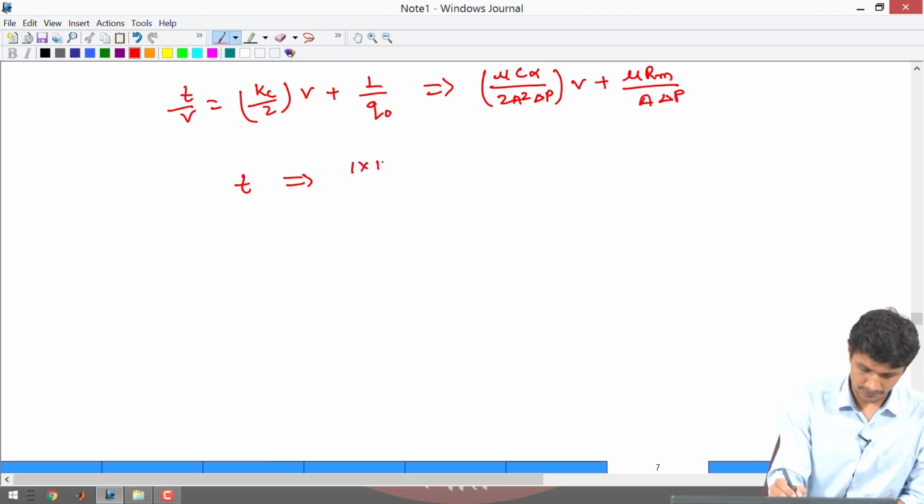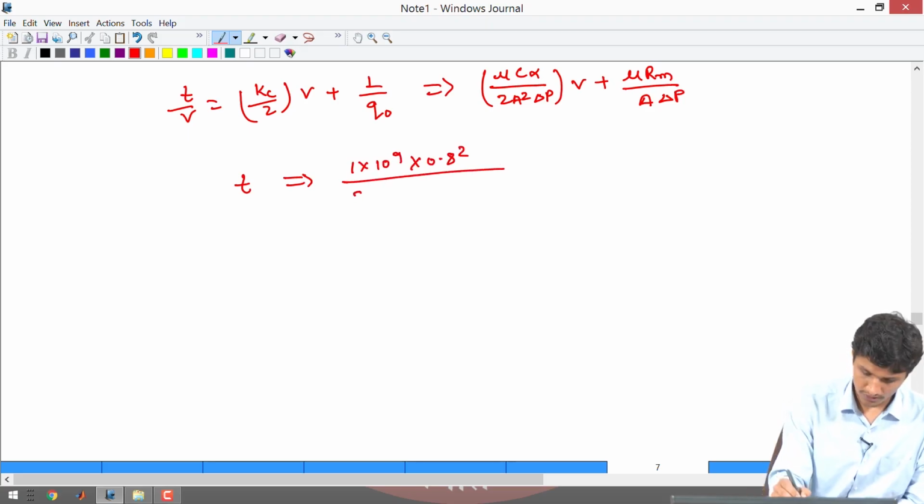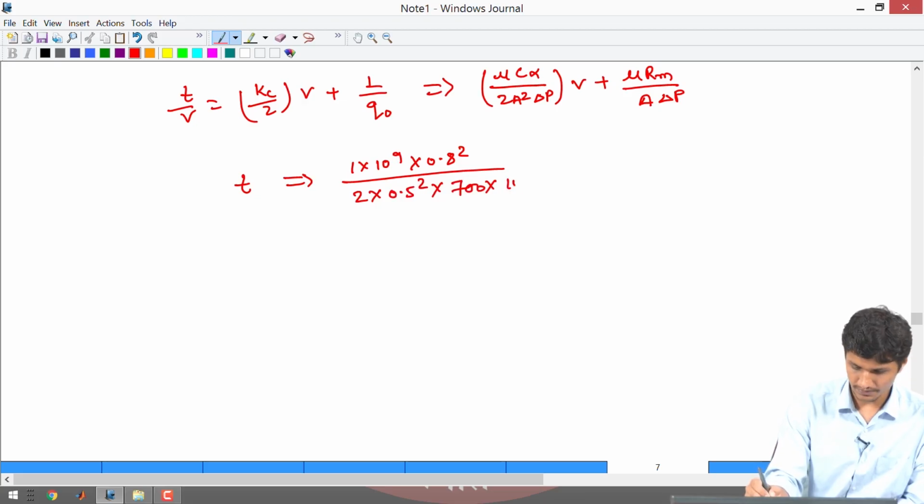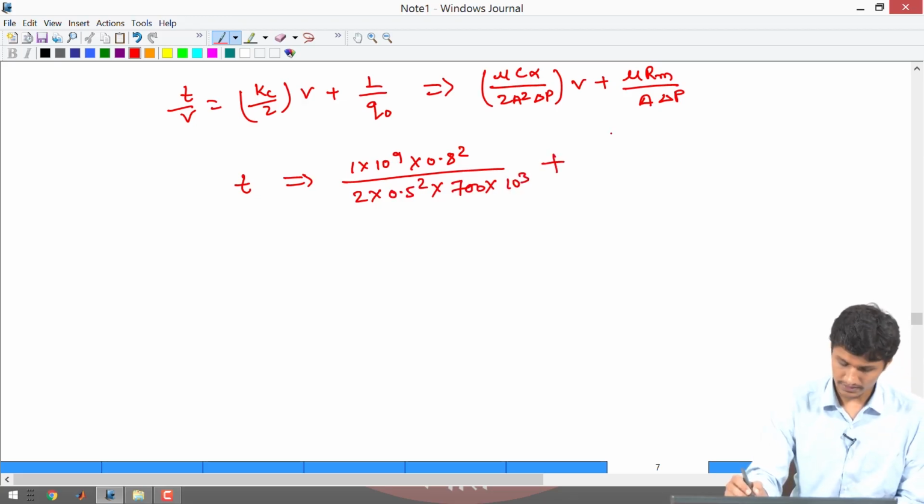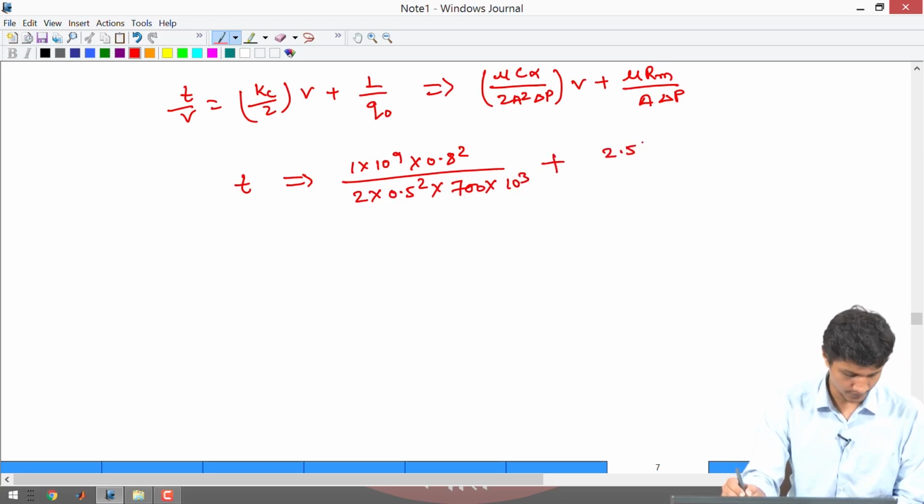1 into 10 power 9 into 0.8 square divided by 2 into 0.5 square into 700 into 10 power 3, plus 2.5 into 10 raised to 7 into 0.8 divided by 0.5 into 700 into 10 raised to 3.